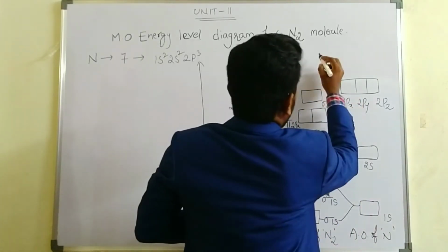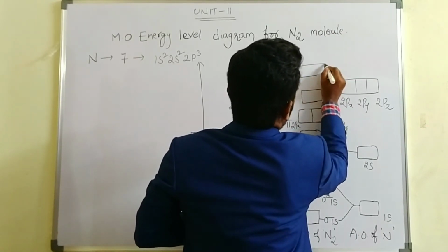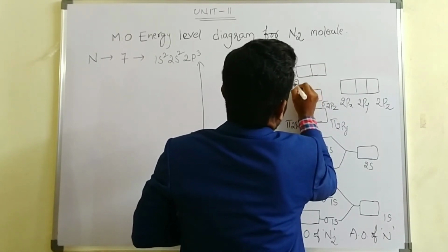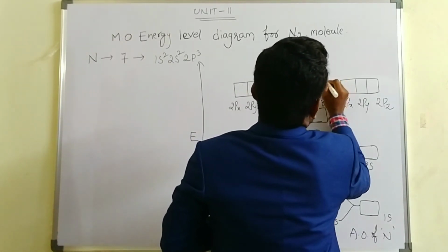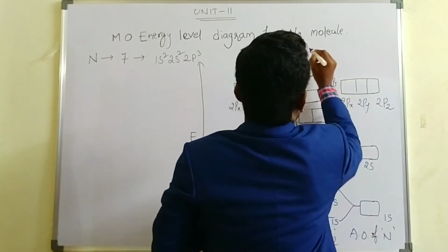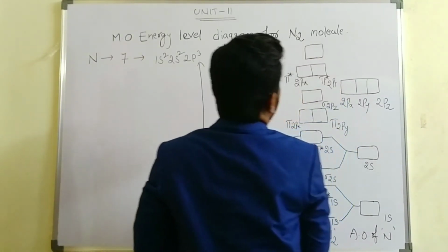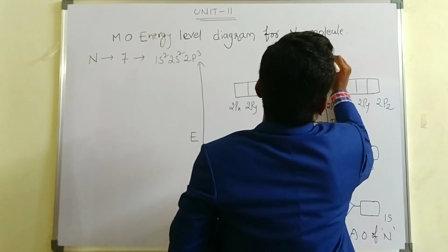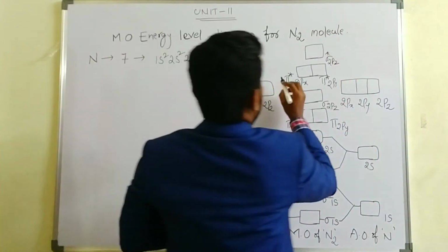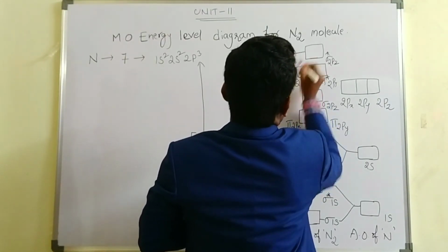Okay. After that, we have antibonding molecular orbitals pi star 2px, pi star 2py. And finally, we have the highest energy molecular orbital, that is sigma star 2pz. Okay, and just connect these atomic orbitals to the molecular orbitals.